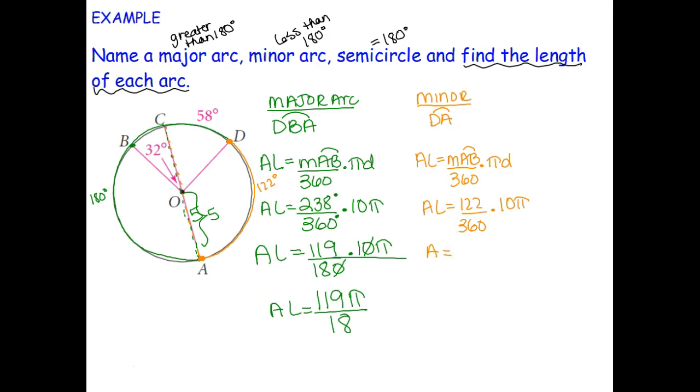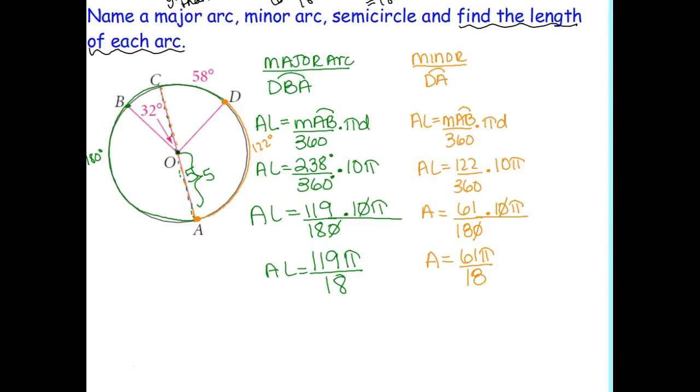I know that these are both even, so they can be divided by 2. So this would be 61 over 180 times 10 pi. And again, since this is 0 and this is 0, I can cancel those out. So I would have arc length is equal to 61 pi over 18. So the length of our orange arc up here would be 61 pi over 18.